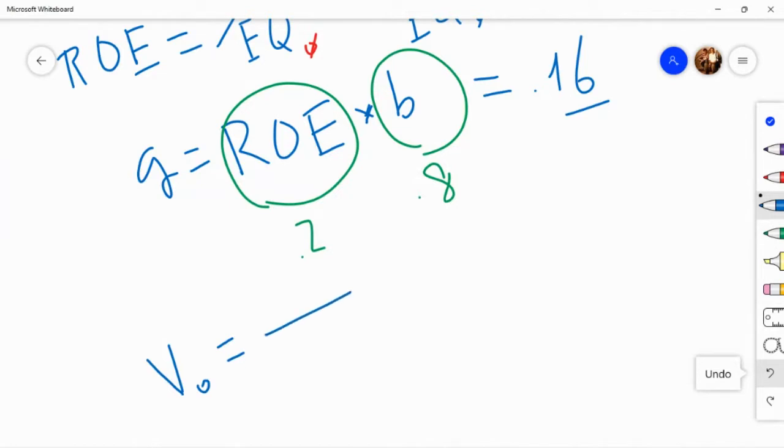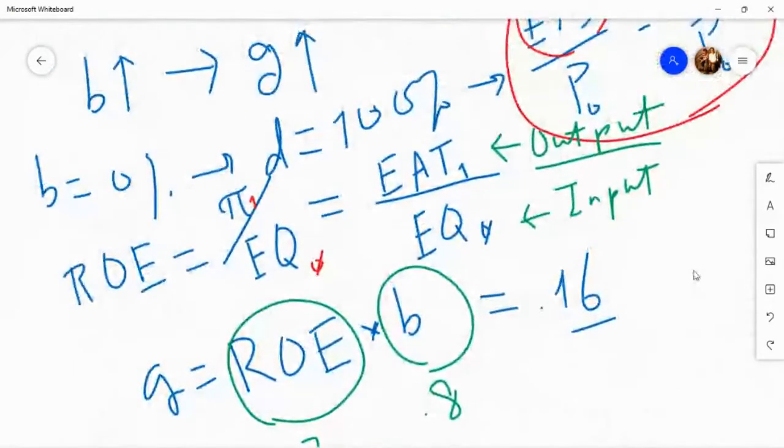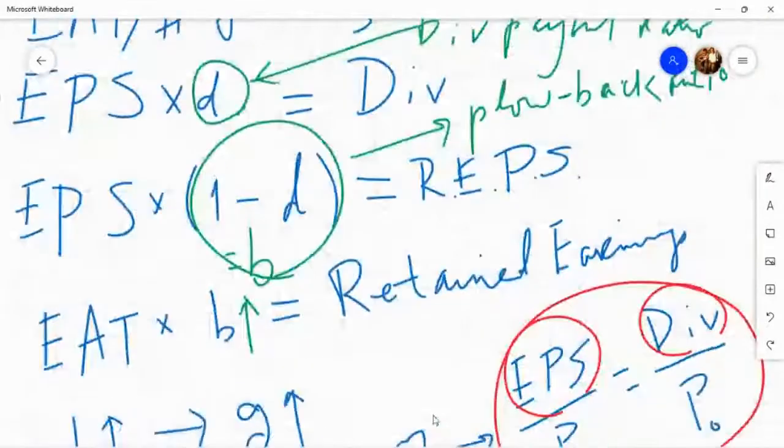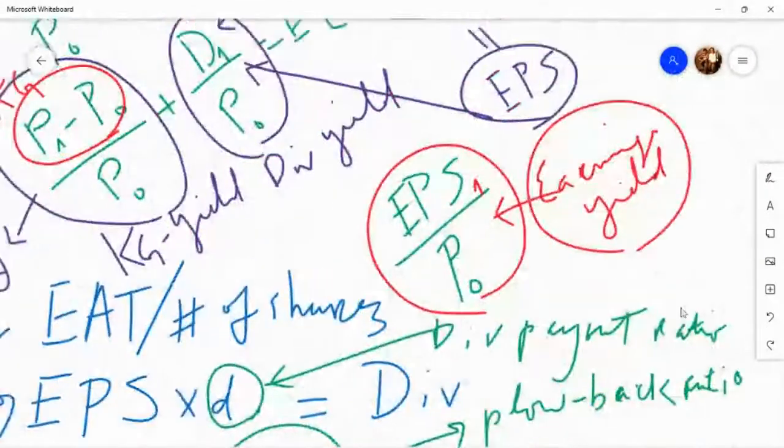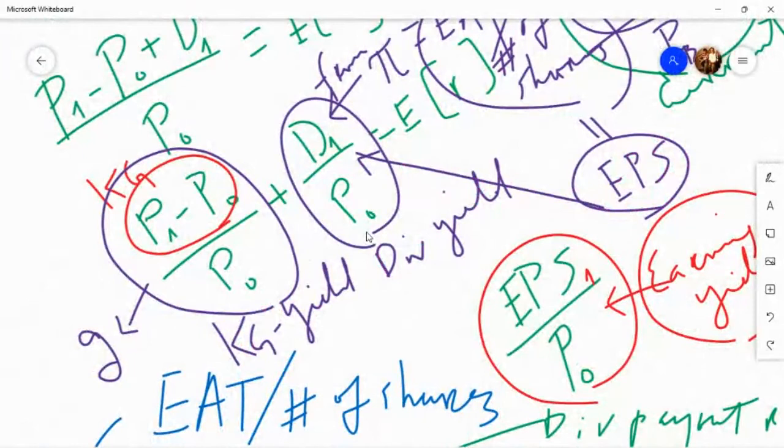Intrinsic value is dividend at time 1, or price, plus growth rate. We've done this already many times, right? This is growth rate, right?